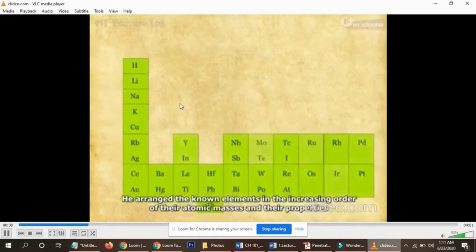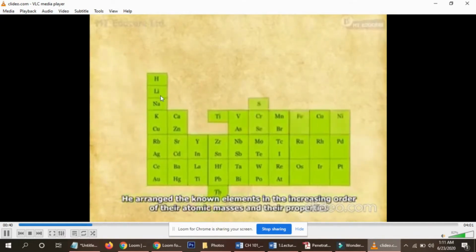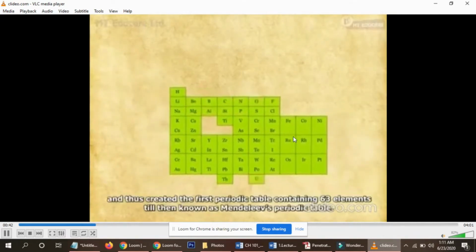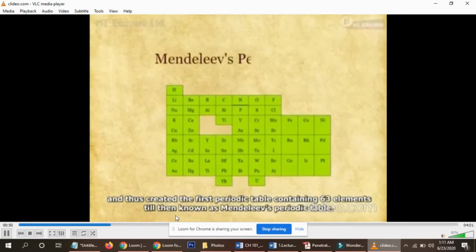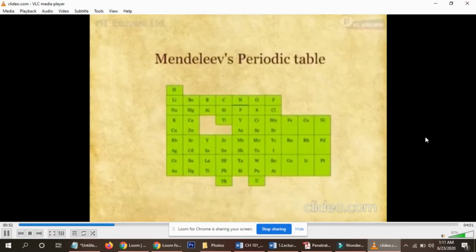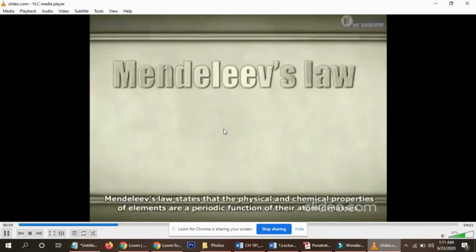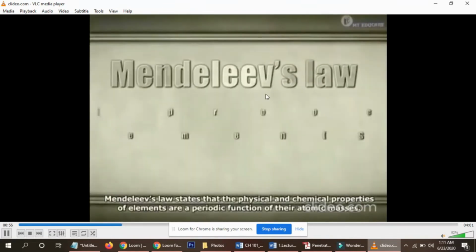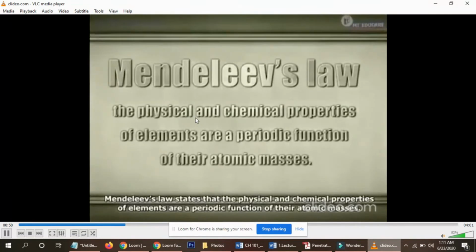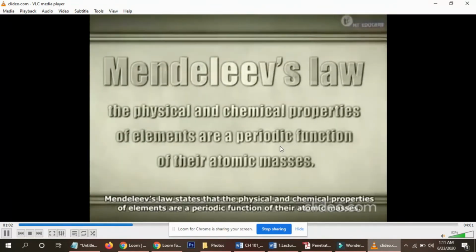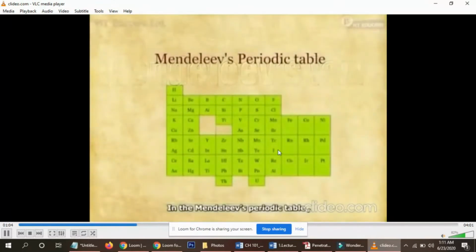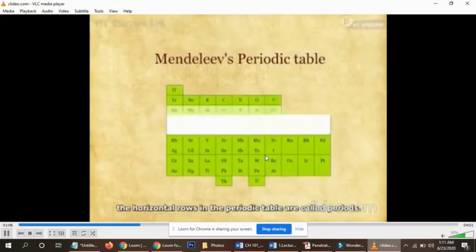So he arranged all the elements according to their atomic masses, where 63 elements are known as Mendeleev's periodic table. According to Mendeleev's law, the physical and chemical properties of elements are a periodic function of their atomic masses.